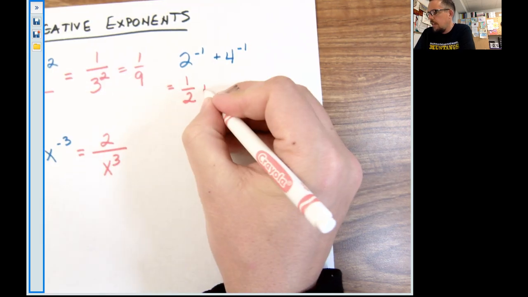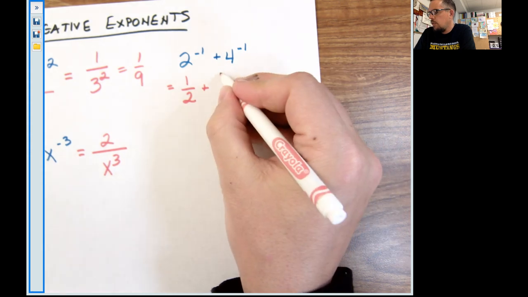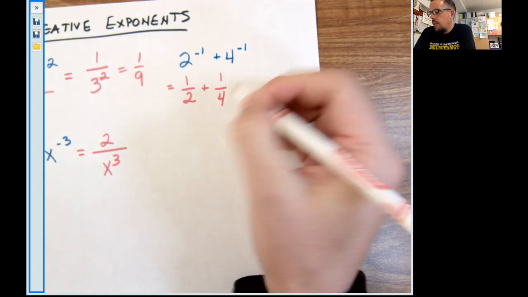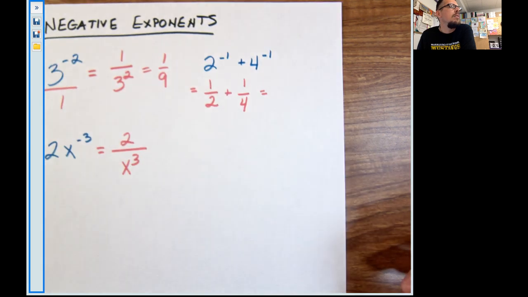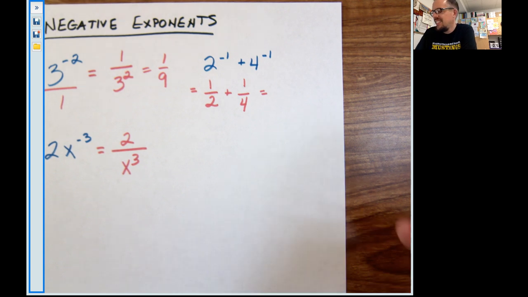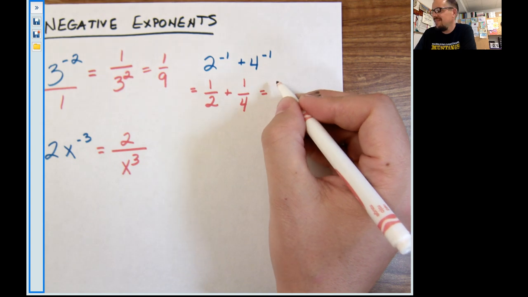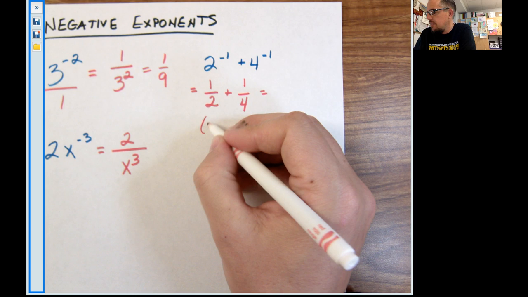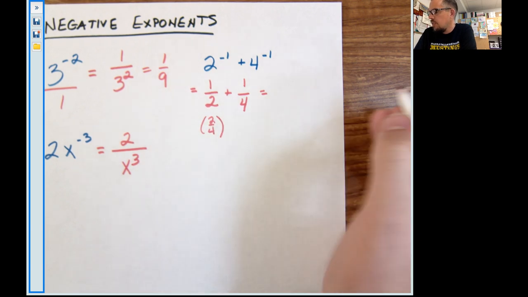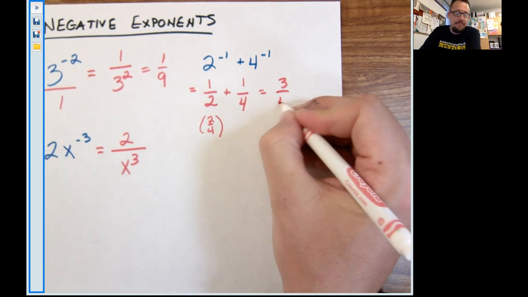And 4 to the negative first power is 1 over 4. You can get a common denominator and add those if you want to, but I know my bakers in the class already know the answer. What's a half plus a fourth? Half a cup plus a fourth a cup? Really? Nobody bakes? A half is 2/4. So 2/4 plus 1/4 is 3/4.